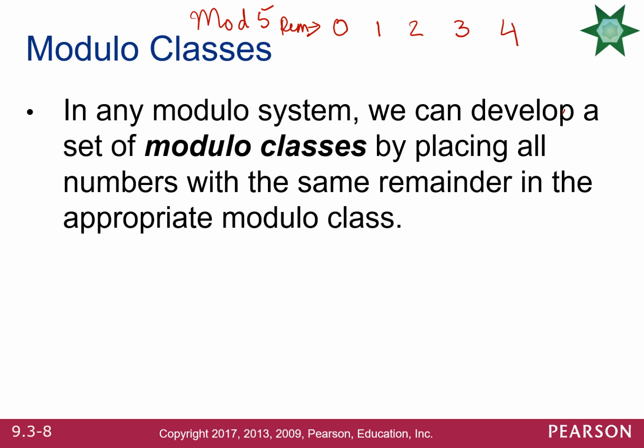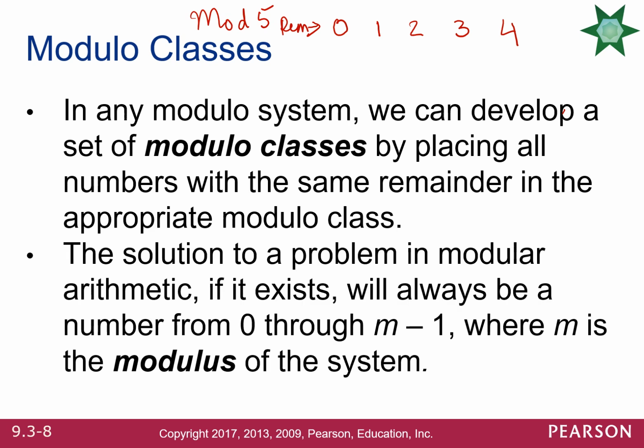It goes on to say that the solution to a problem in modular arithmetic, if it exists, will always be a number from 0 through m minus 1. That's what we just mentioned, that the possible remainders we can expect to get in mod 5 would be 0 through 1 less than 5, correct? Where m is the modulus of the system.